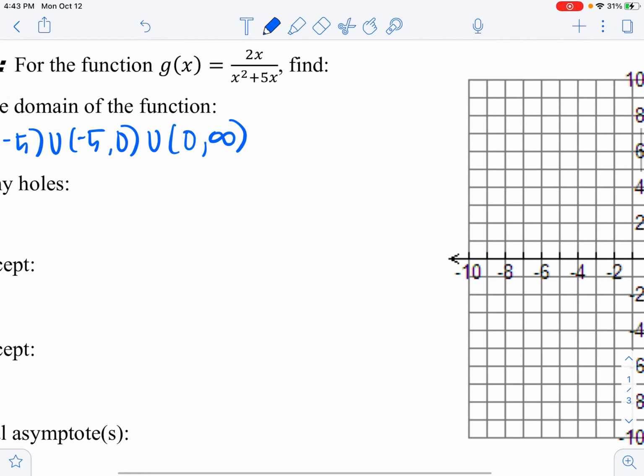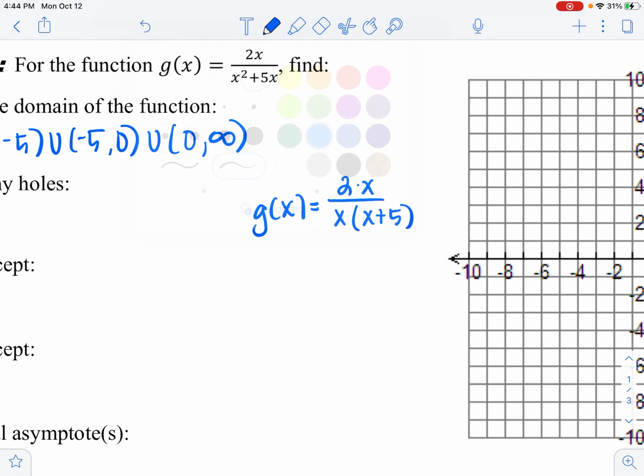Okay, so let's write this down. The denominator, remember, is factorable. So I have g of x equals. My numerator is not factorable, but technically you have to realize that it is 2 times x. So you could technically factor it to 2 times x over x times x plus 5. So are there any common factors from numerator to denominator?